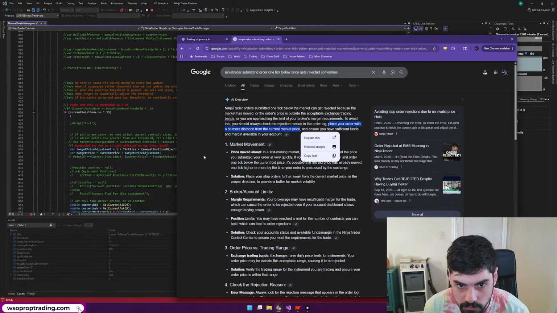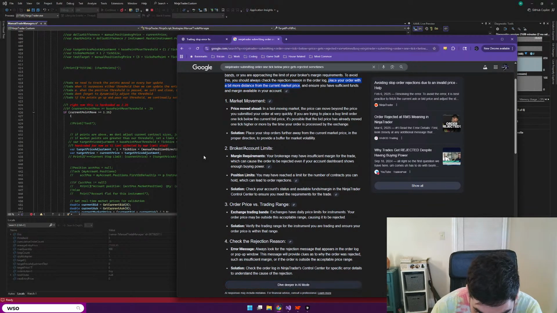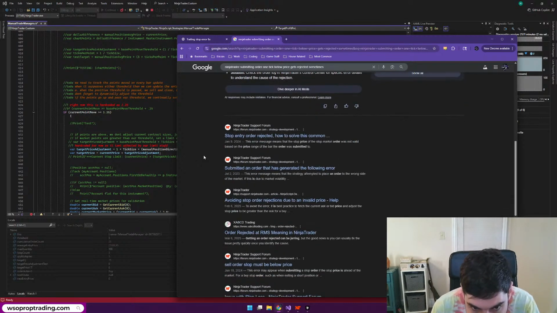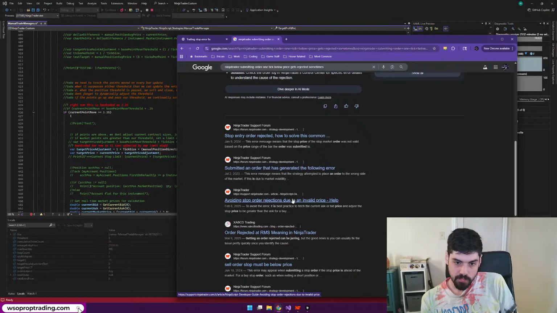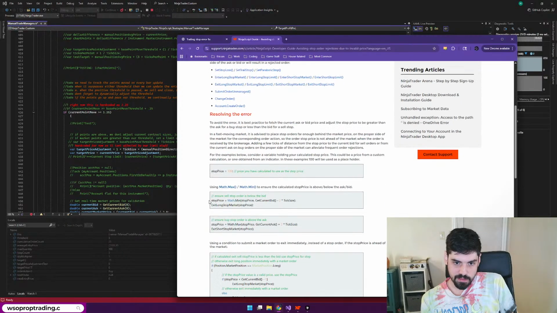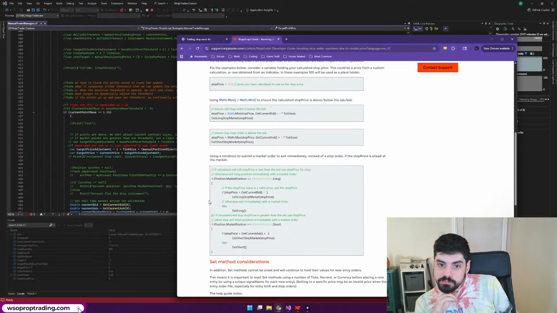This is what their solution is going to be. See, I'm using 1 tick size. They're doing 2 tick size.